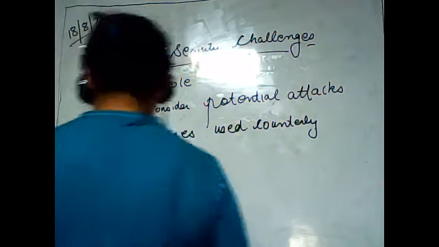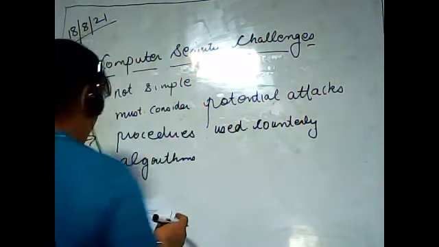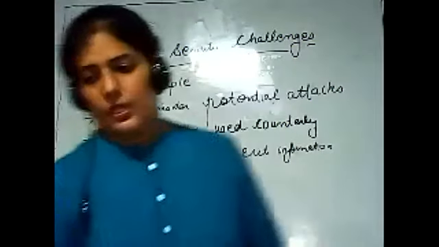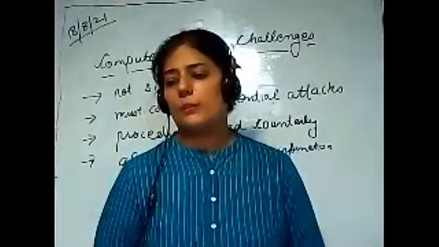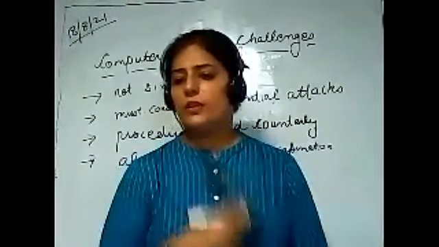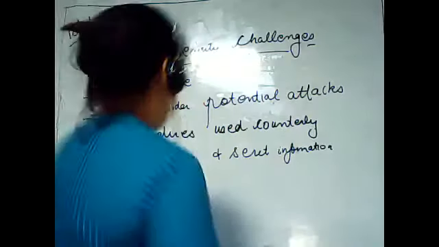It consists of different algorithms, and there could be a lot of secret information. That is very hard to be found out. So that's why this is also one of the main security challenges while we need to implement that security.